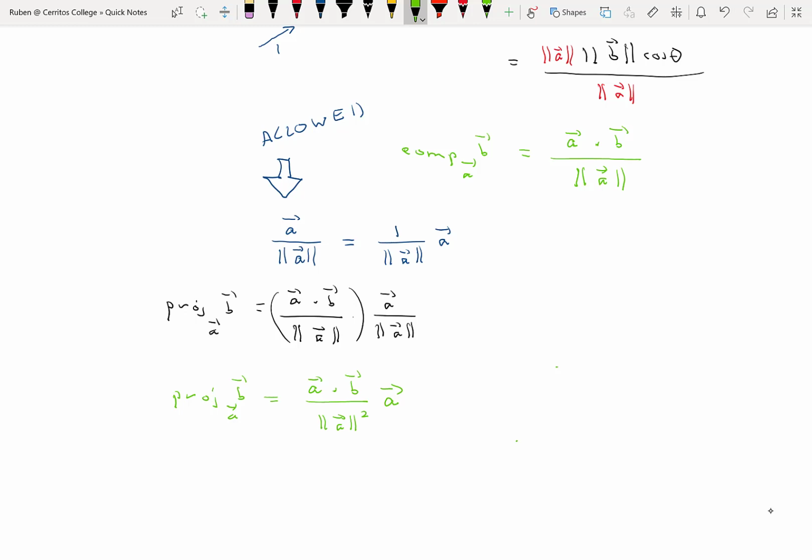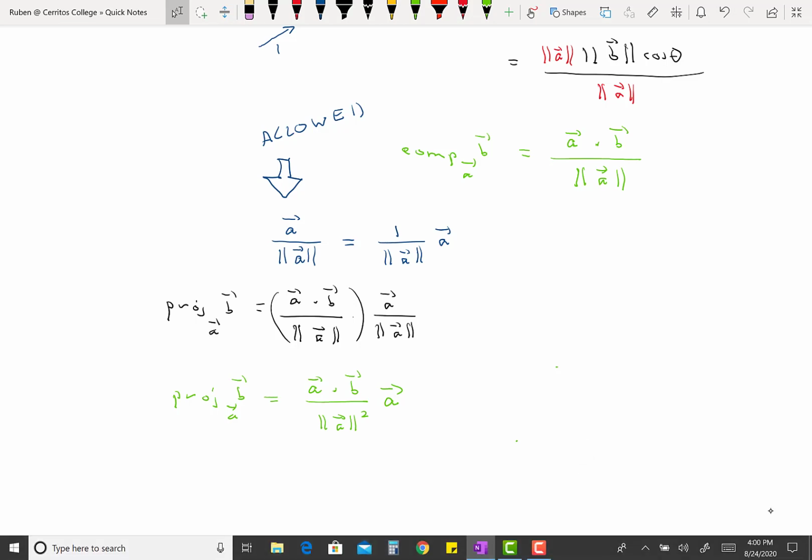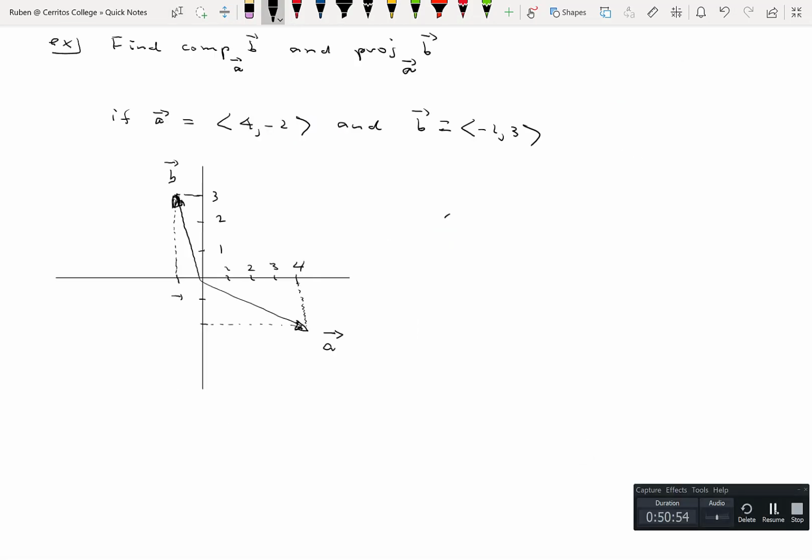Okay. So let's take a look at a specific example using these two formulas. So here's our next example.